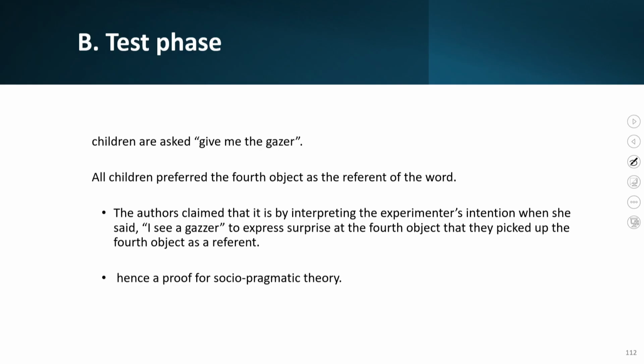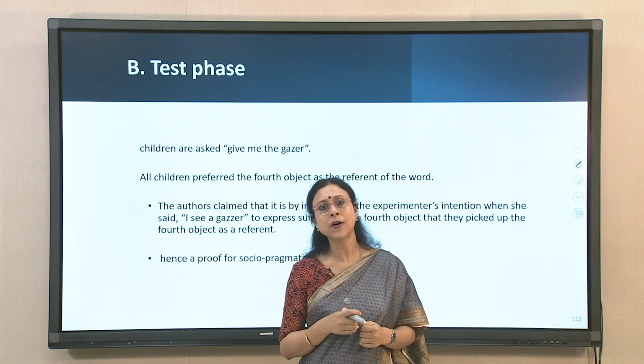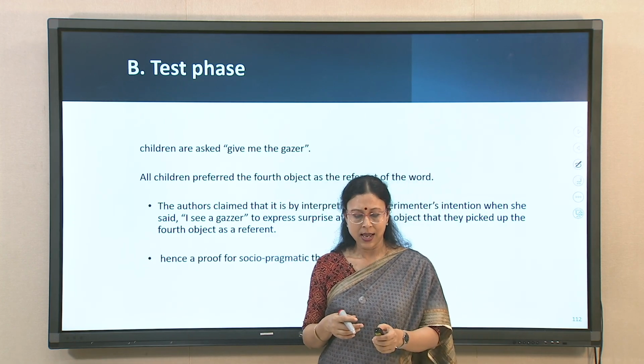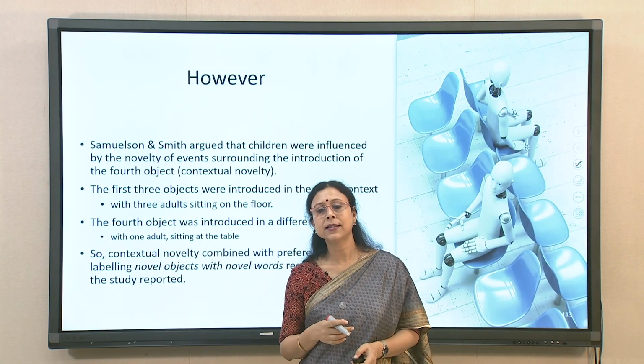Naturally, this is what they would find novel, as a result of which they would have exclaimed, "I see a gazer." Remember our Anne and Sally experiment, this is somewhat similar, and this was taken as proof of interpreting the experimenter's intention, and as a result, sociopragmatic theory.